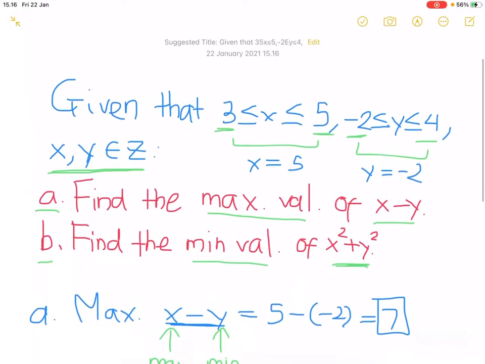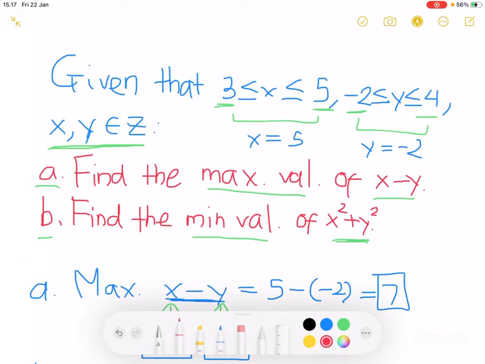So in this case, I'm just going to erase our choices right here. What we're going to do is choose our x value to be the closest integer to 0 given these intervals, which is 3. And for our y value, since 0 is also included, why not just include 0 in here.